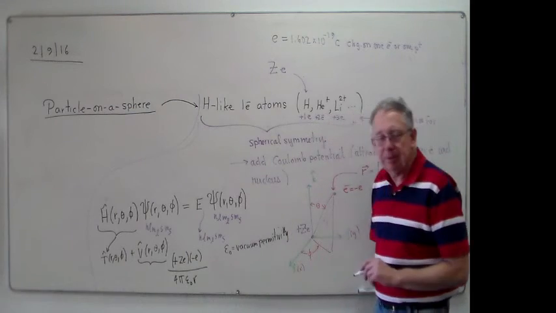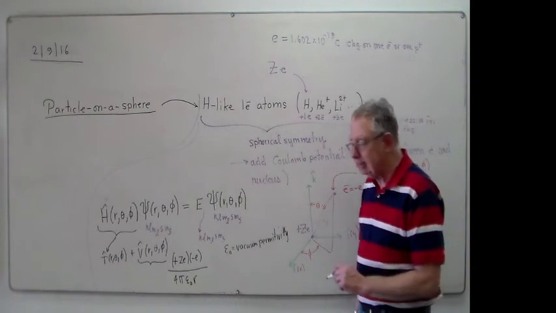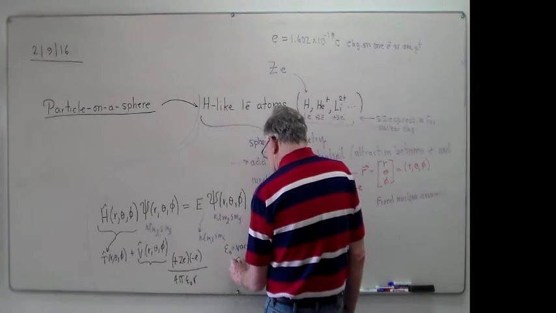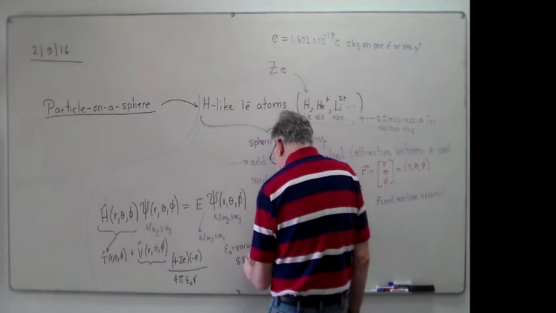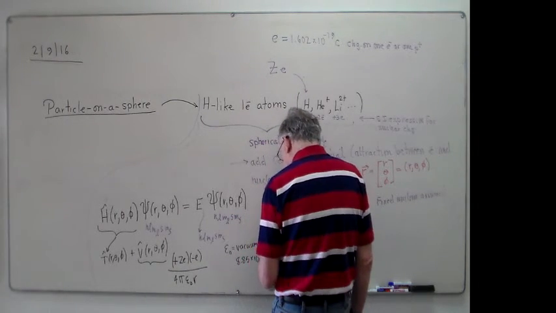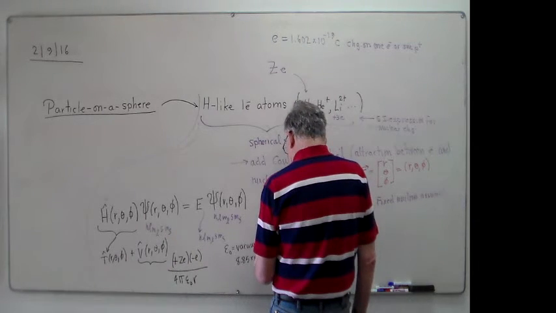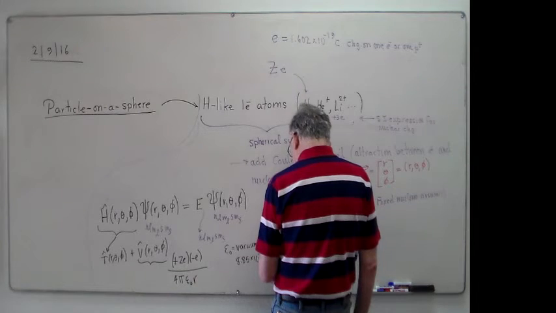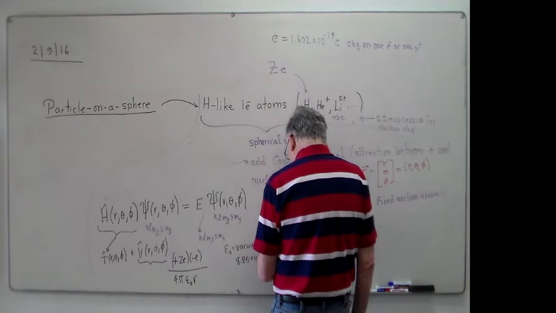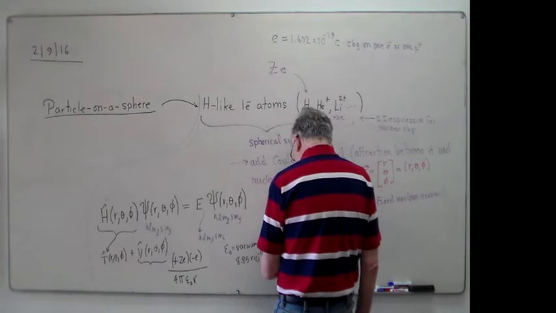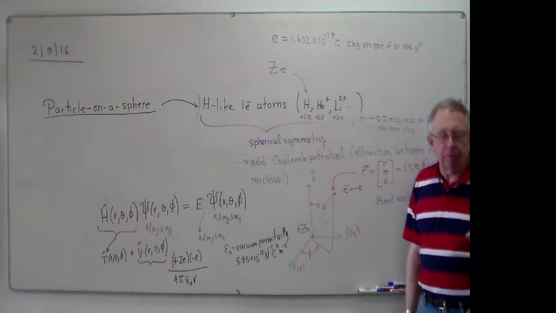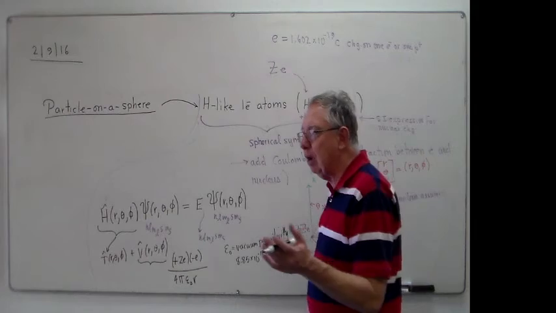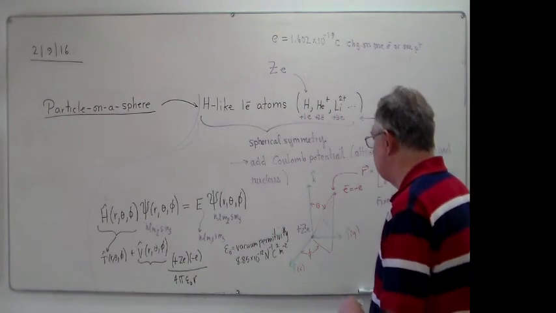It's the vacuum permittivity of free space, and it's 8.85 times 10 to the minus 12 Newton to the minus 1, Coulomb squared meter to the minus 2. You can look this up in your P-Chem book or in your physics book.